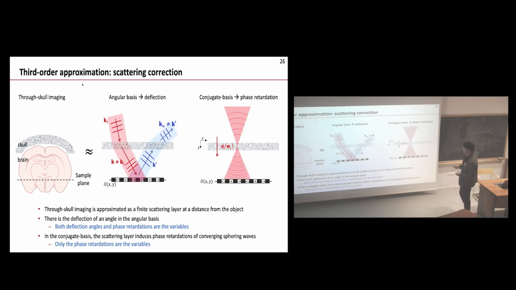And the reflected wave by the object, you can consider as a superposition of the focusing wave back to the skull, okay? So that's the basis. And now the effect of the skull is again changing the phase of the focused wave. So in this way, we change the scattering problem into a phase retardation problem, okay?